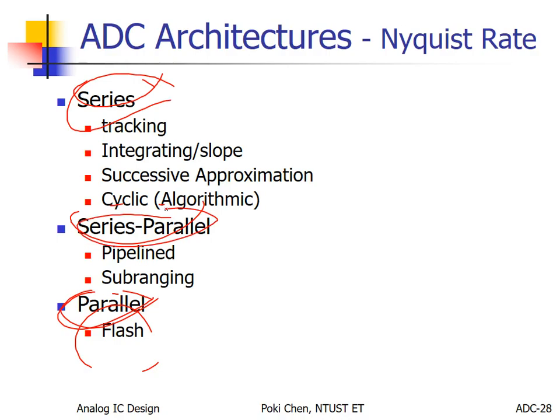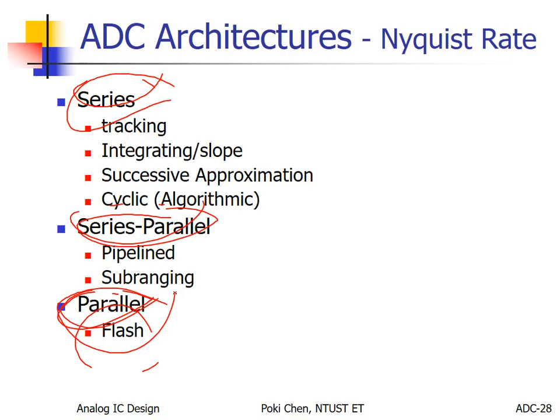You can guess that series will be the slowest, but usually you can save more chip area or even power. On the contrary, for parallel, because you compare the input to all the quantization levels, this is supposed to be the fastest, but nothing is free.